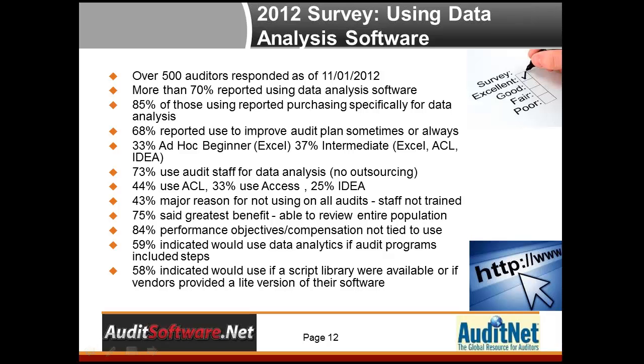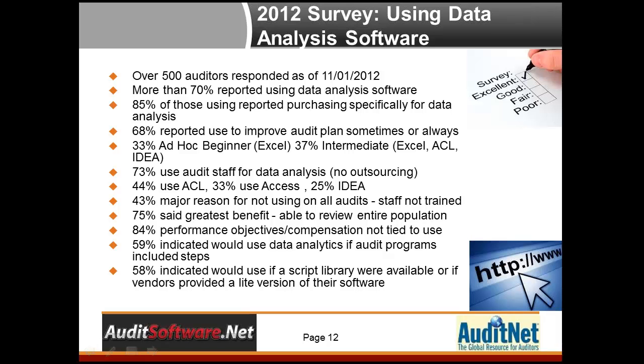This was a vast improvement from our 2010 survey. There's been a significant shift in just two years. More auditors are recognizing the benefits of data analysis audit software tools and how they can benefit both audit planning as well as audit fieldwork.